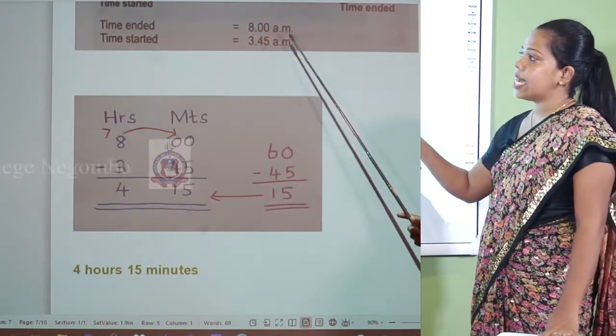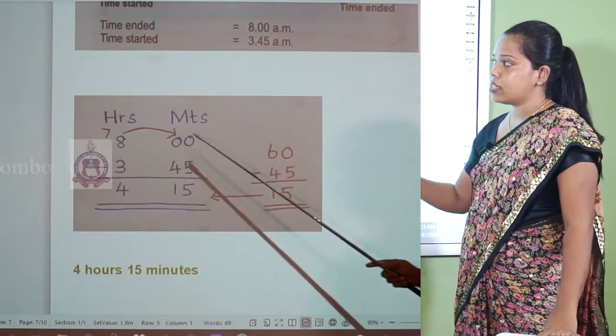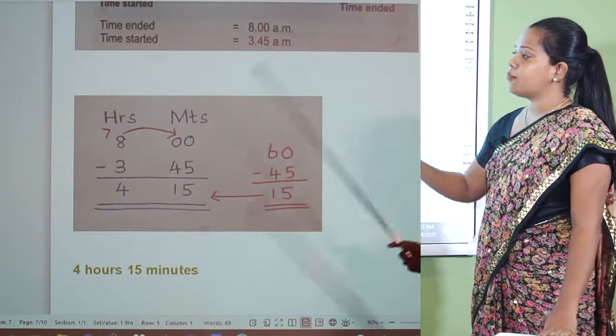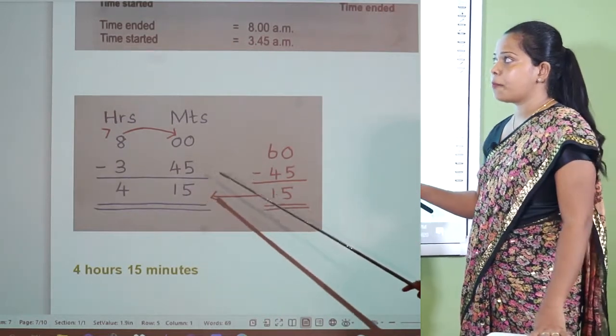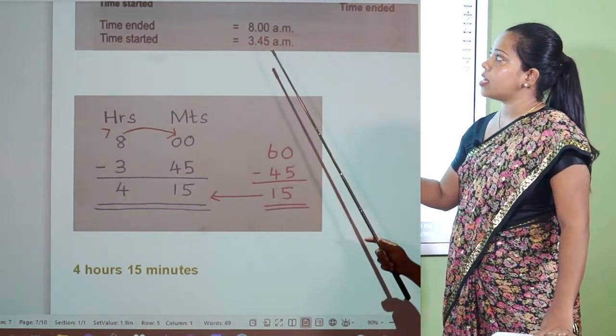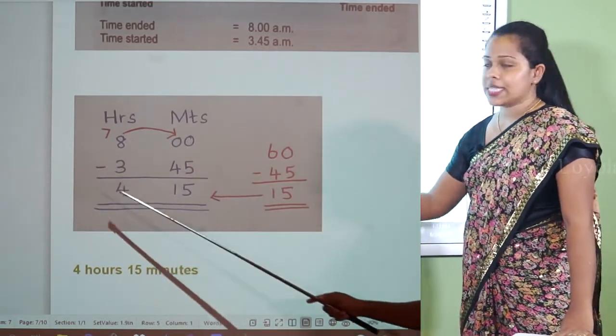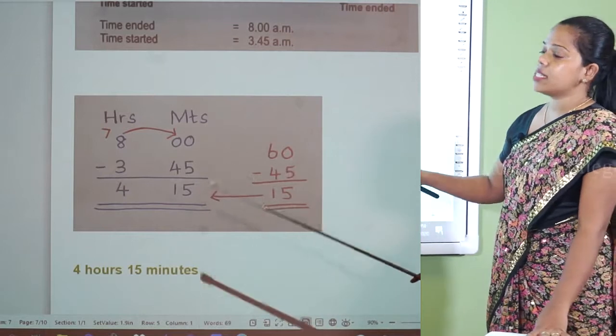Time ended is 8 a.m., so you write 8 o'clock here. Then the time started, 3:45. You need to subtract the time started from the time ended. Put a minus sign here, and then subtract.